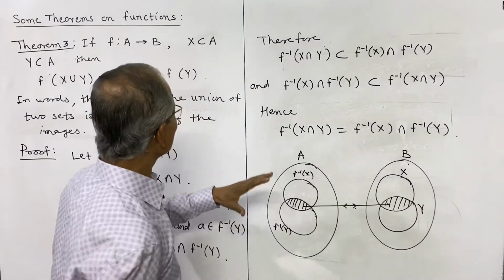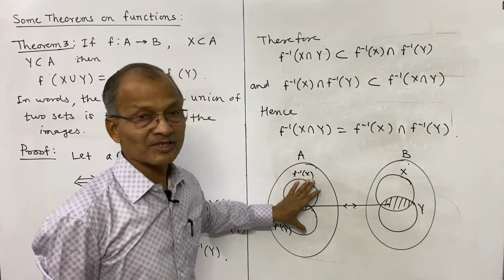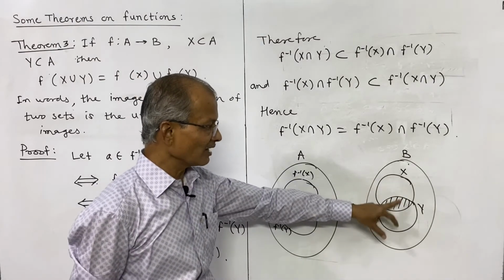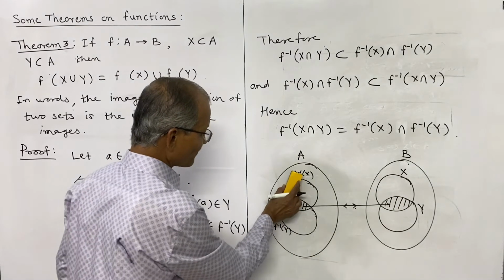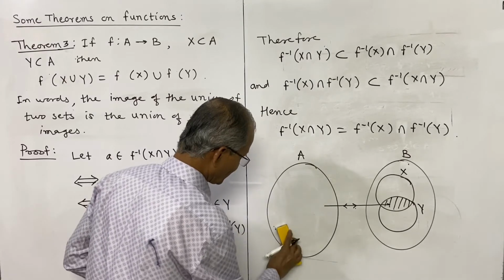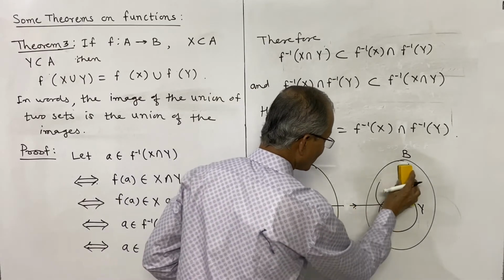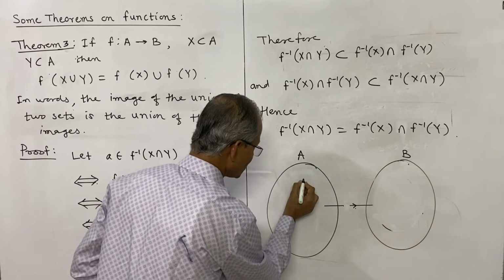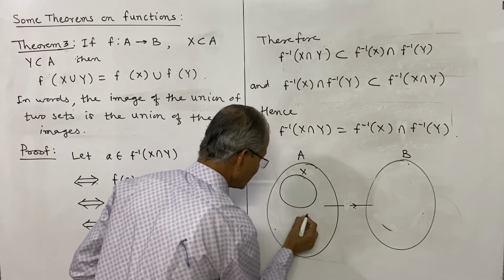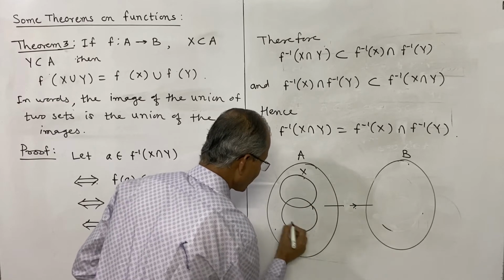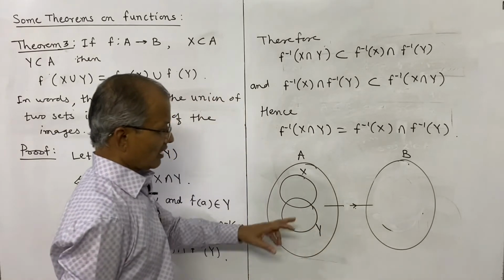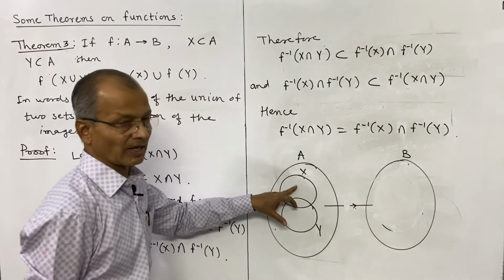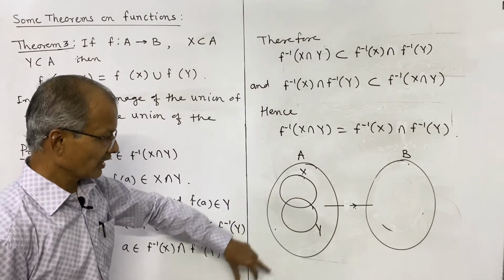Now here the situation is that x and y are subsets of A, not of B. So for inverse images we have considered x and y in B. Now we shall consider x and y in A. The meaning of the theorem will be, so suppose here is x set and this is y set, and their union will be the whole region which is in x, which is in y, and which is in both x and y.